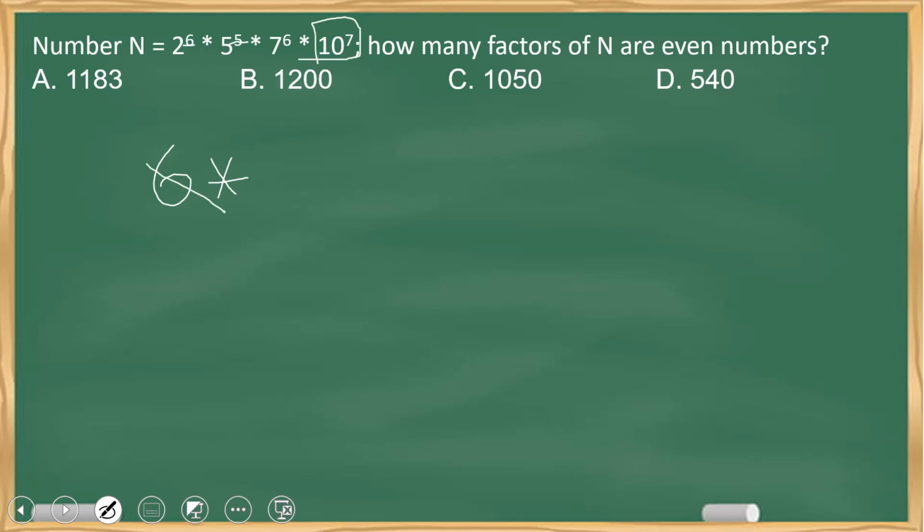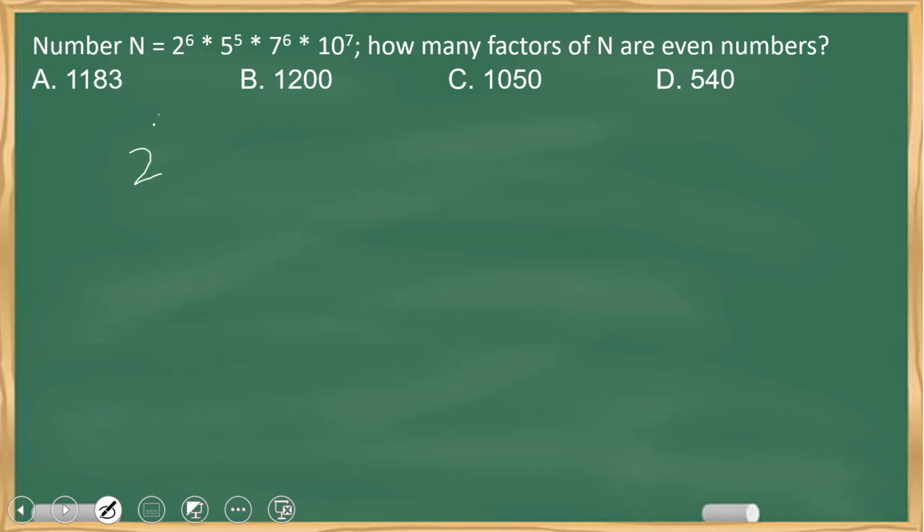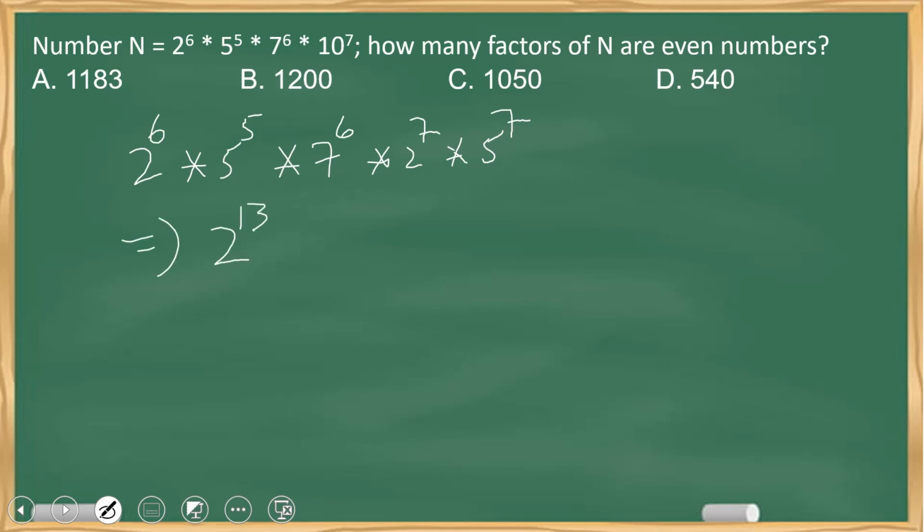So first you are supposed to factorize this one again: 2 power 6 into 5 power 5 into 7 power 6 into 2 power 7 into 5 power 7. Got the point? Now 2 power 13 into 5 power 12 into 7 power 6.